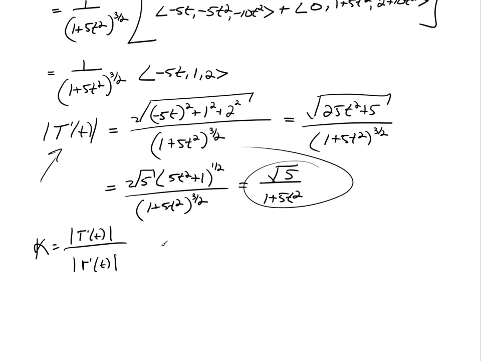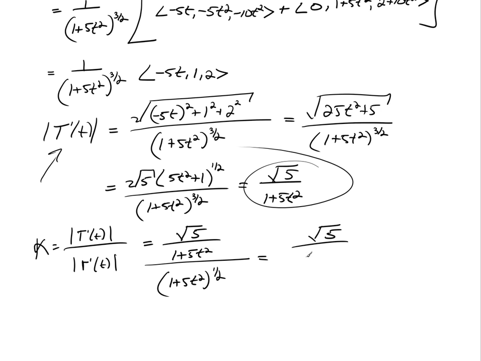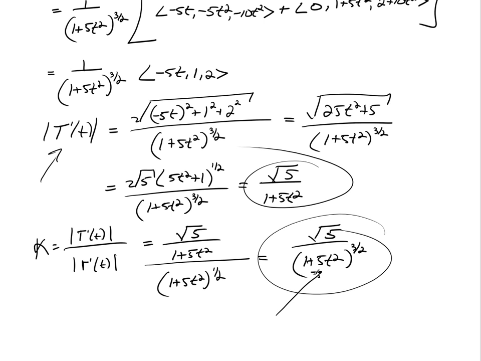So my curvature is going to be the square root of 5 over (1 plus 5t squared) over (1 plus 5t squared) to the 1/2, which gives me root 5 over (1 plus 5t squared) to the 3/2. So given any value of t, this is kappa. This is the curvature.